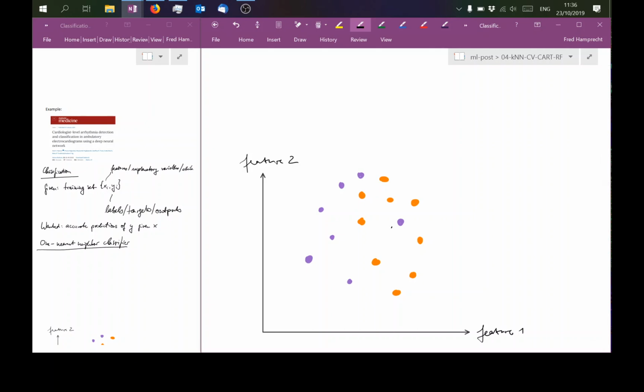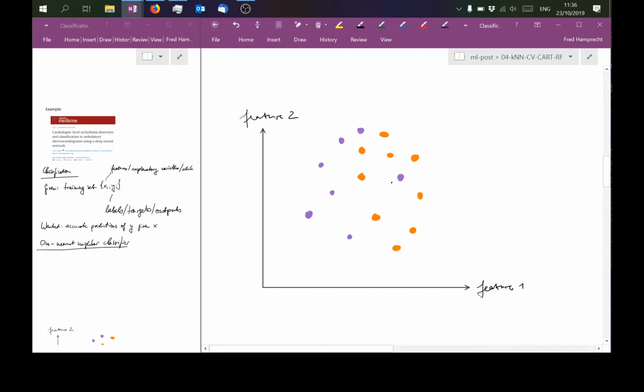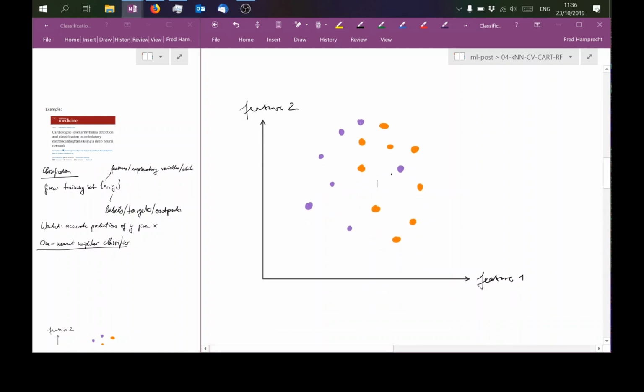And now this is where your question matters, because perhaps my feature 1 is measured, let's say this is length, and I could measure this in units of meters, and perhaps my feature 2 is a temperature, and I could measure it in terms of Kelvin.